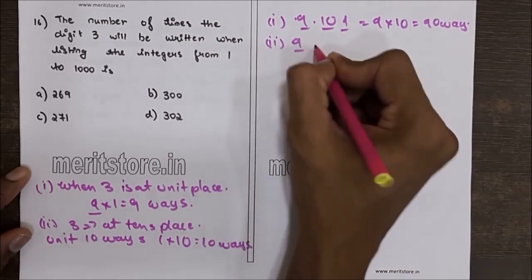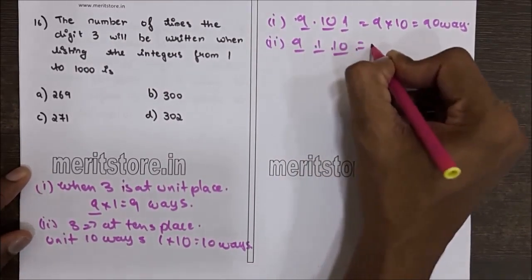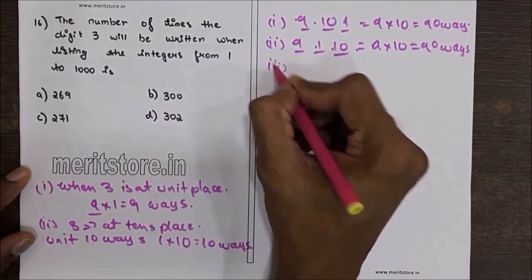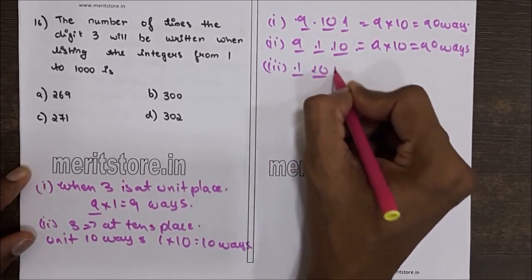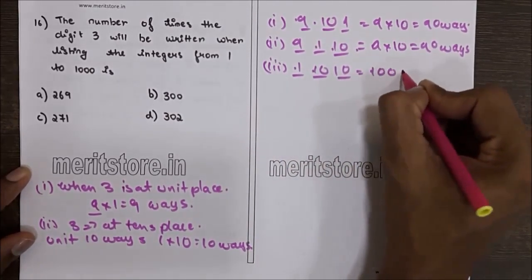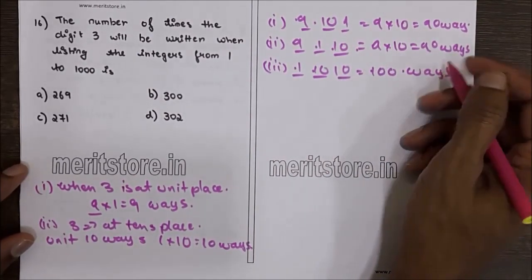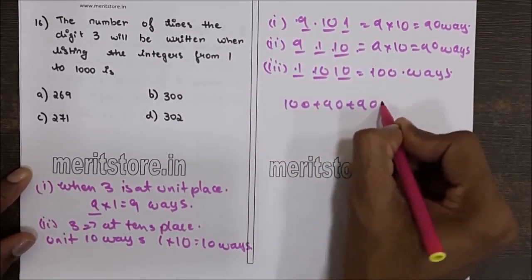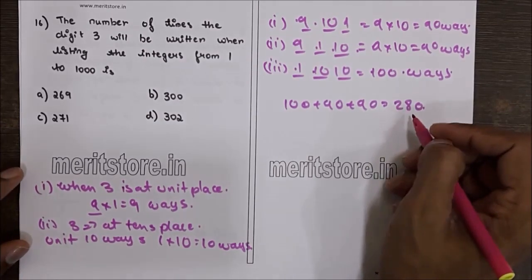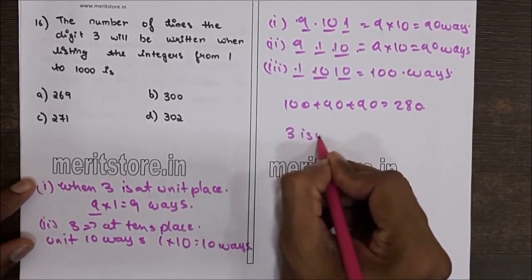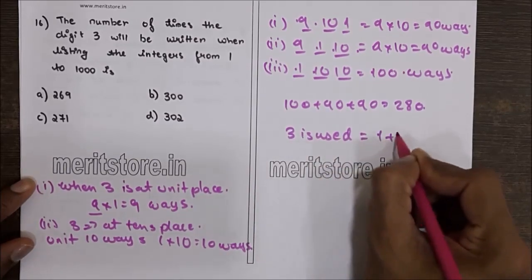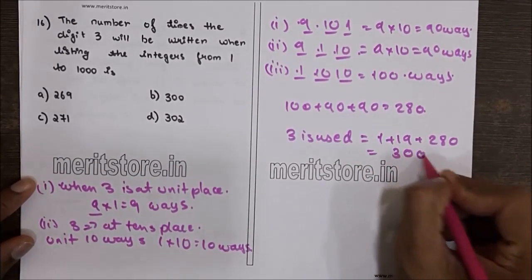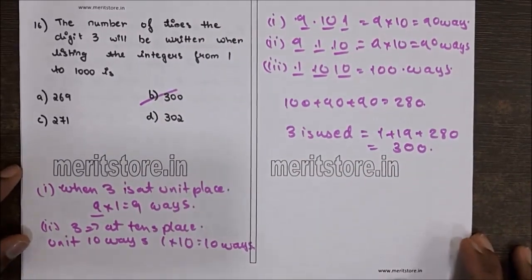For the second, 9, 1, 10, which is 9 into 10, 90 ways. And for the third, 1, 10 and 10, which is equal to 100 ways. So the total will be 100 plus 90 plus 90, which is equal to 280. So the total number of times 3 is used is 1 plus 19 plus 280, which is equal to 300, which is our option B. Therefore option B is the correct answer.